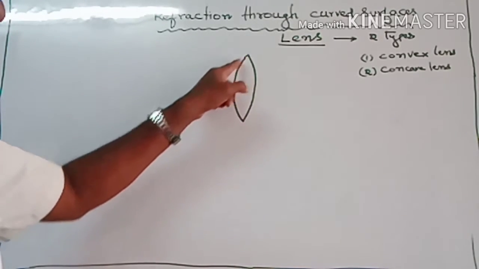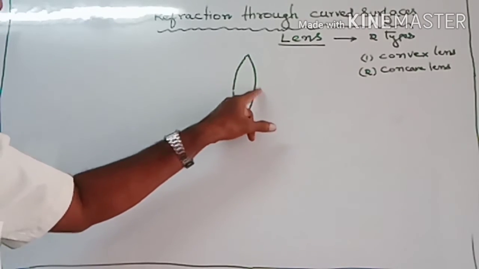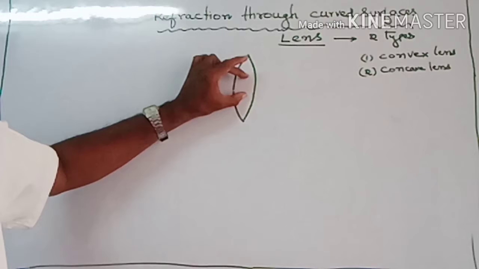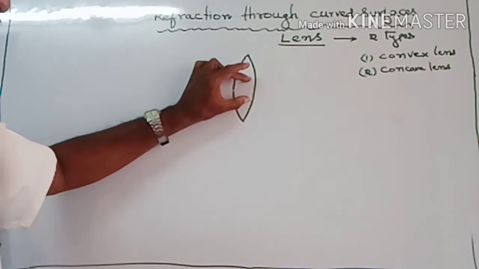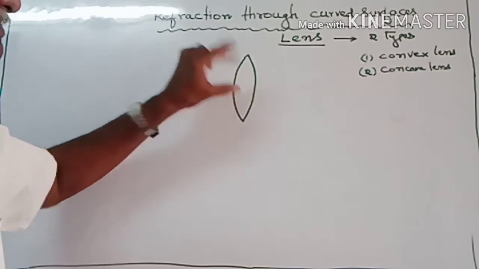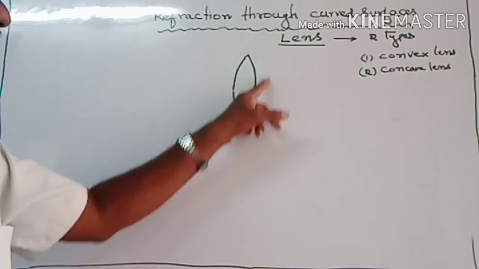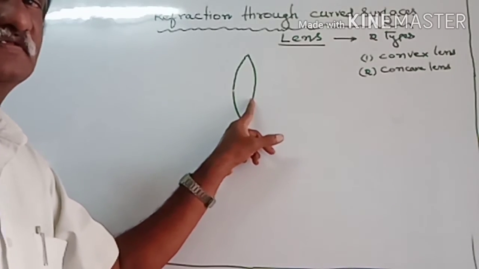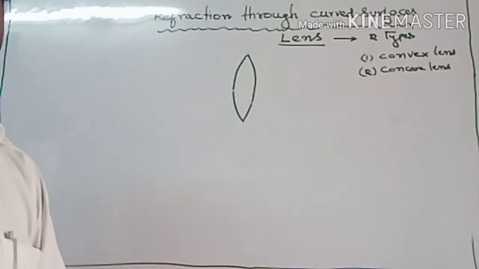What is this medium? Maybe glass, maybe water, maybe any medium is bounded here. Such a type of lens is said to be a convex lens or biconvex lens.